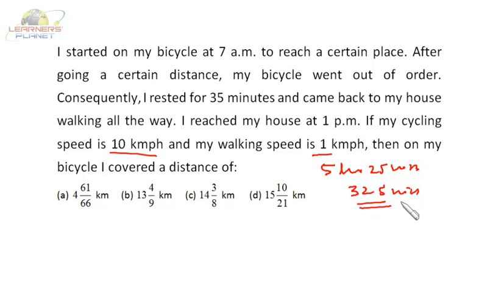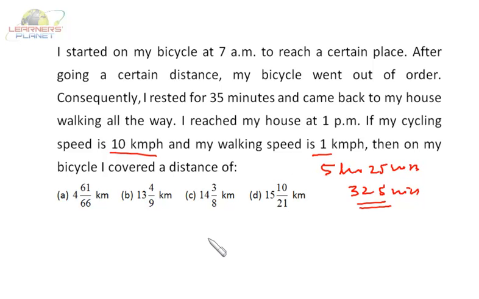Now friends, this is the total time which he is taking in covering this distance. Okay. So here the cycling speed is 10 km per hour and walking speed is 1 km per hour. That means cycle is to walk ratio is 10:1. That means the timing ratio in this case will be 1:10.